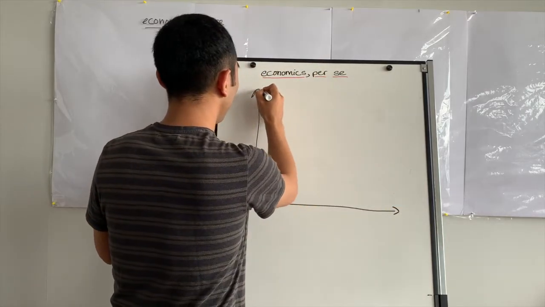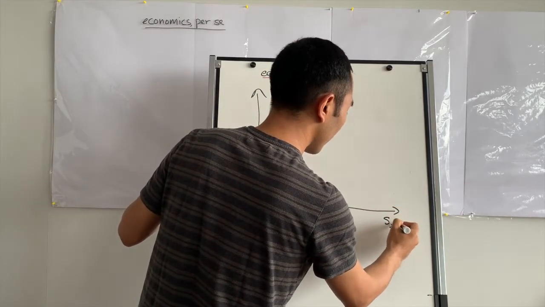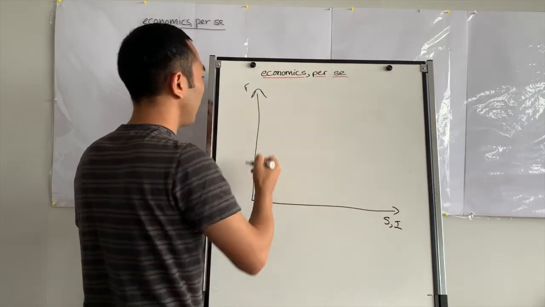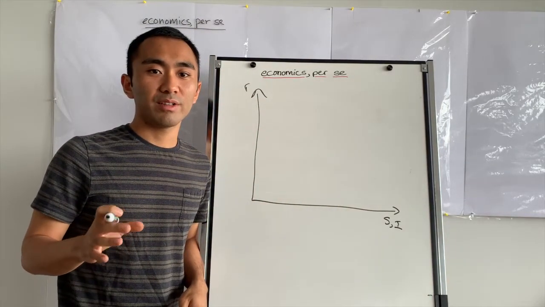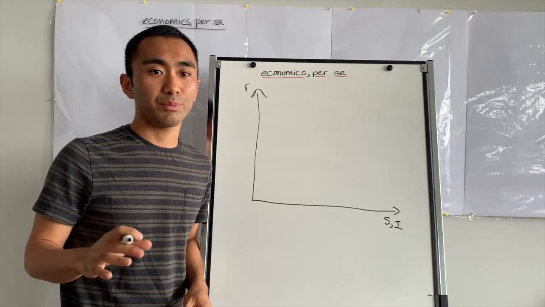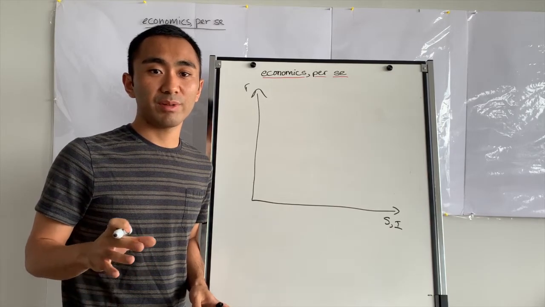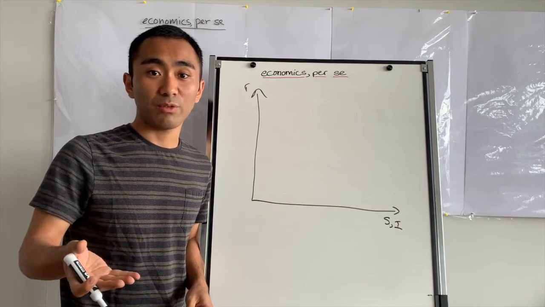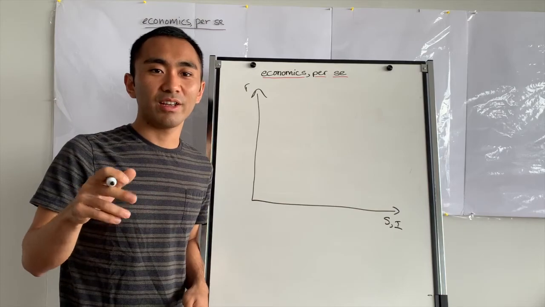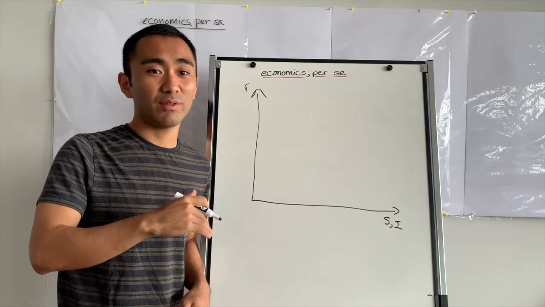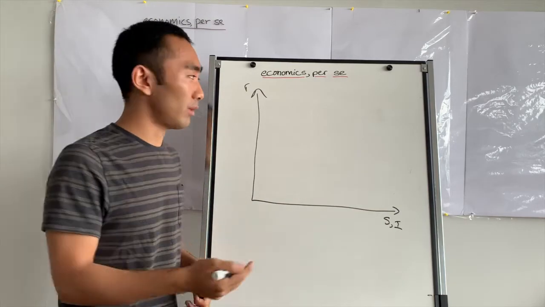Again, in our graph, the x-axis has the savings and the investment, and the y-axis has our interest rate. An increase in government spending means a fall in national savings because although private savings remain the same, public saving falls. A reduction in national savings is shown by a leftward shift in the savings curve, which is the supply of loanable funds, right?